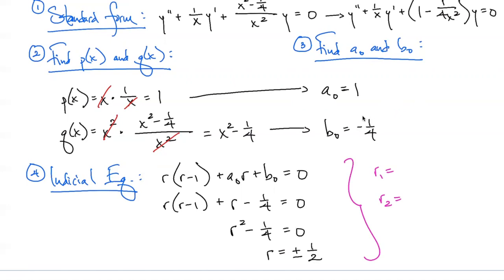Which one is your r2? R1 would be positive 1/2 and R2 is negative 1/2. Yeah, right. If we choose it this way, r1 is positive 1/2, and 1/2 minus negative 1/2 will give us a positive integer.